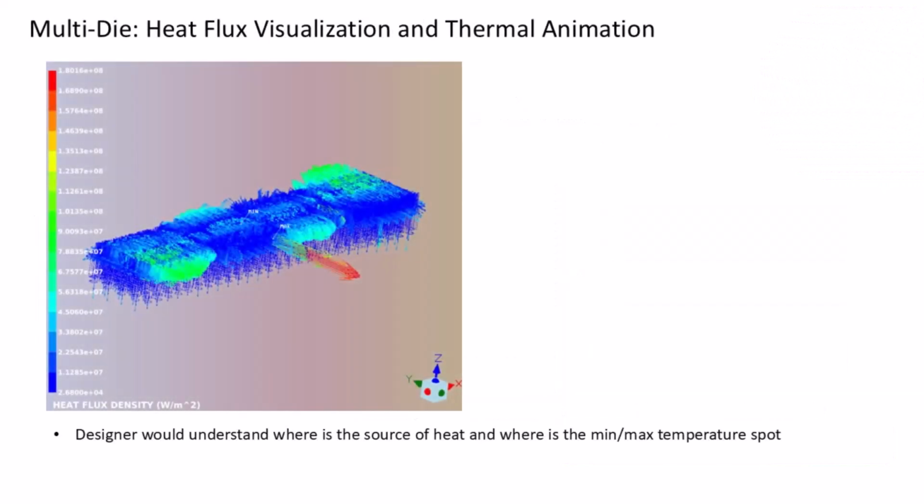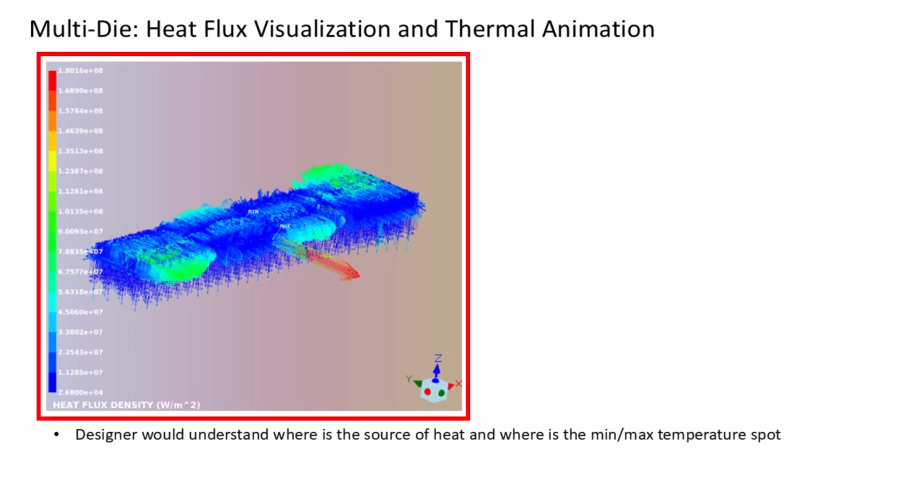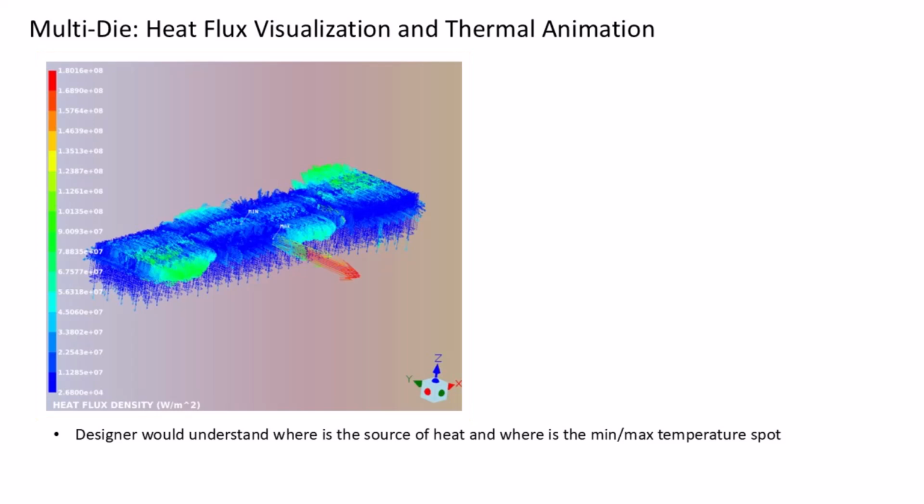All of this came together in a 3D simulation GUI where designers can actually explore heat flux and thermal contours in real time. The heat flux density here shows how and where heat travels through each layer of the system. The system highlights min and max temperature points to help engineers pinpoint the hotspots and understand where to fix the problem.